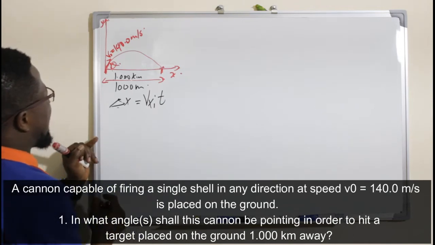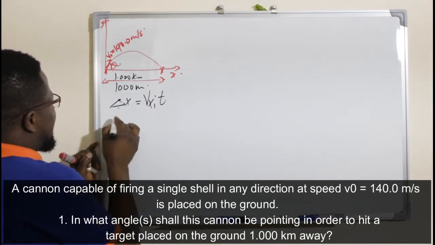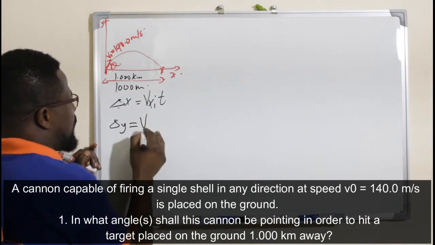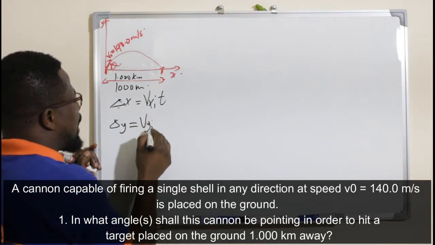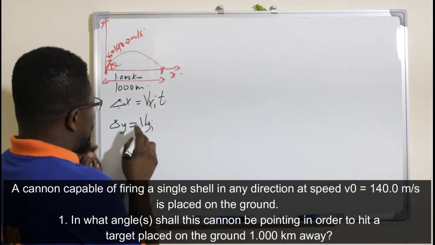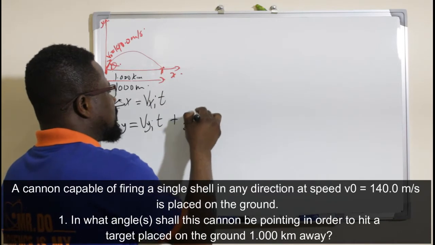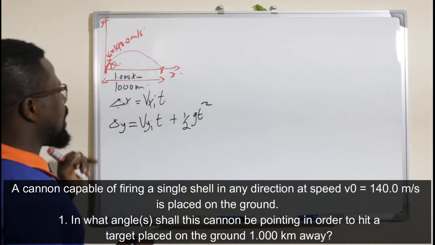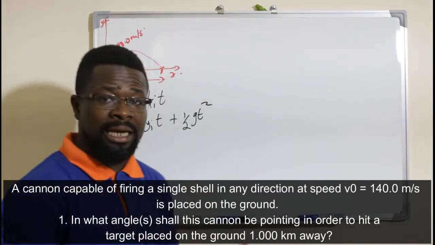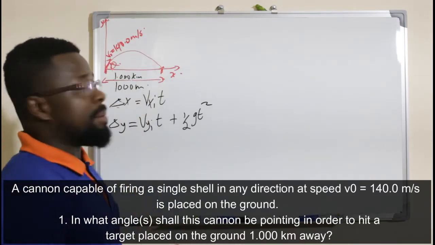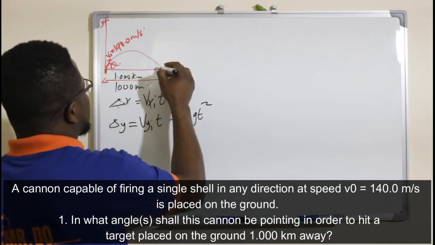So if I want to find the time taken, then I can say change in y is now equal to v y initial multiplied by t plus half g t squared. I can use this to find my total time. And what is the change in y? Remember, I am moving from here to this side now.